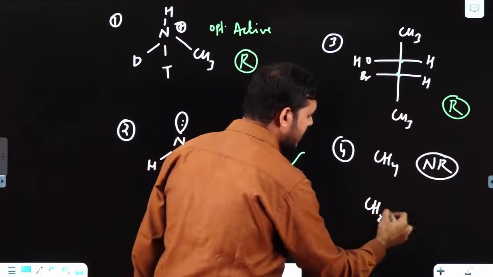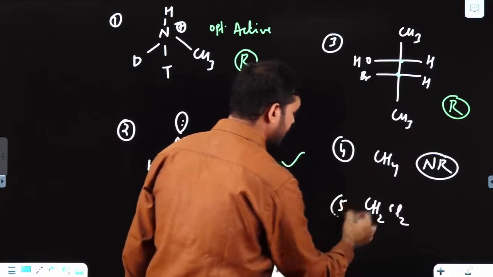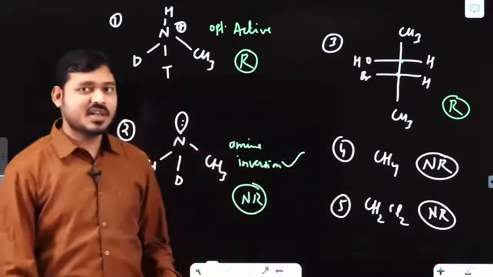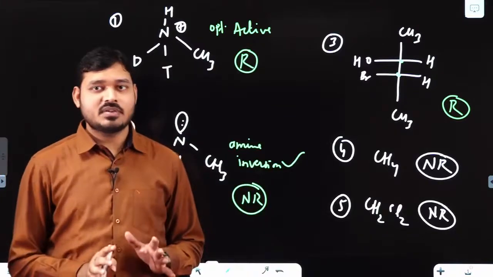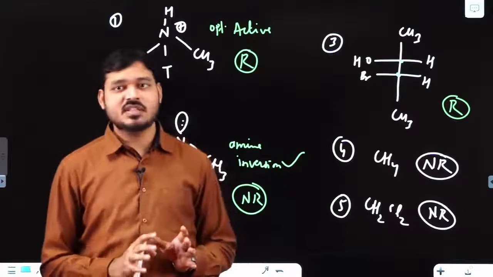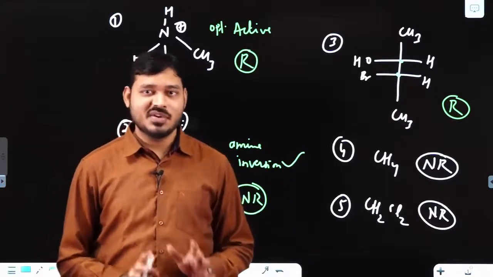If I ask CH2Cl2, it is also non-resolvable. Okay, clear to you all? So I think that you must have understood in detail about this method of resolution. Clear? Okay.